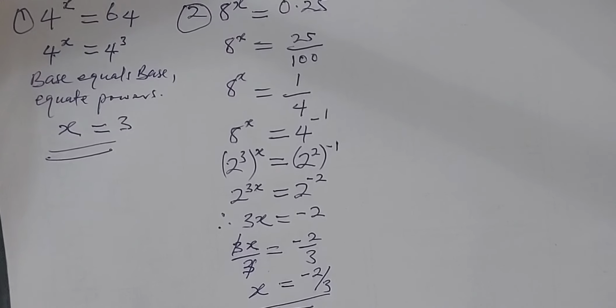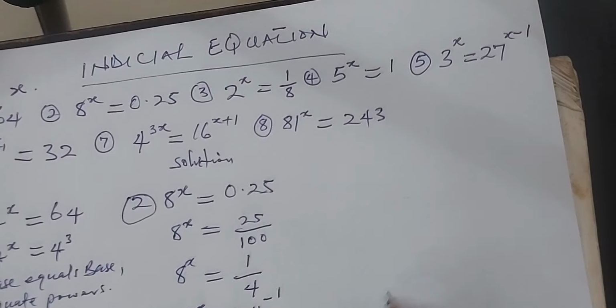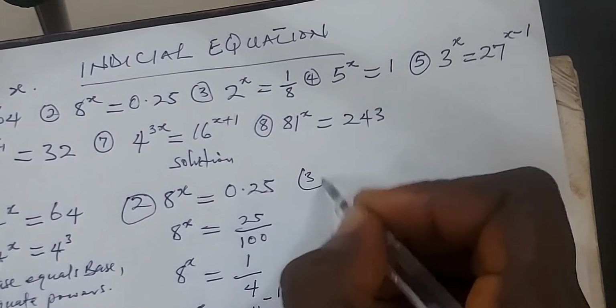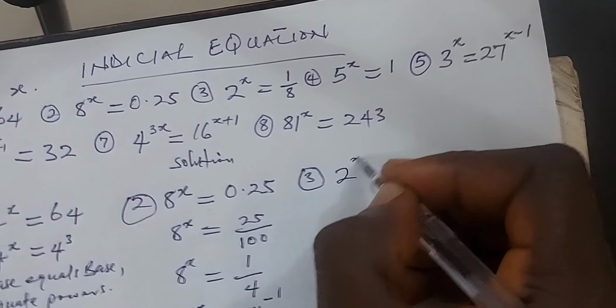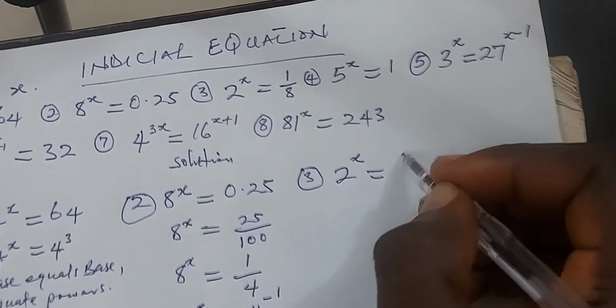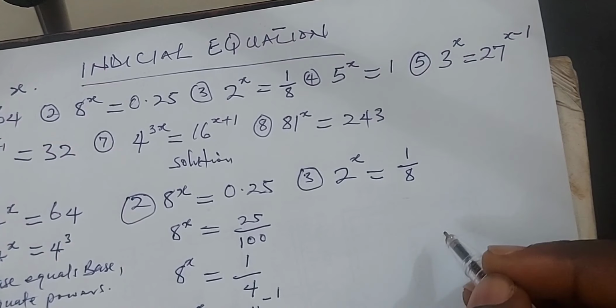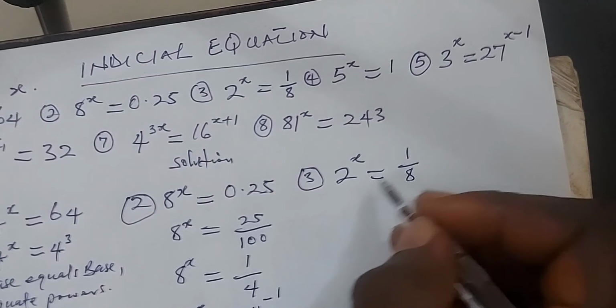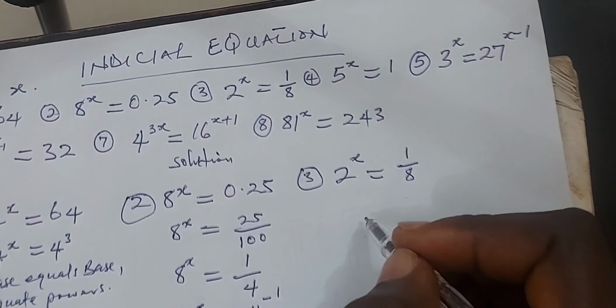It's as simple as that. So we also have another one. Number 3. We have 2 raised to the power of x equals 1 over 8. This is just similar to what we have done. Change this one back to its form.